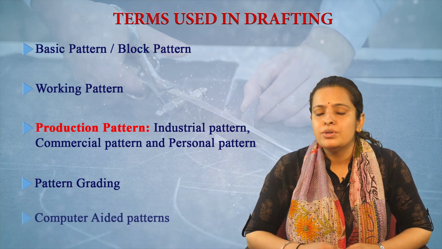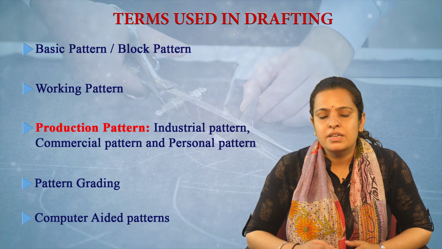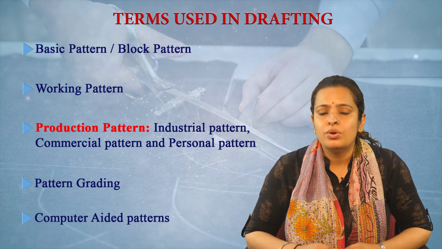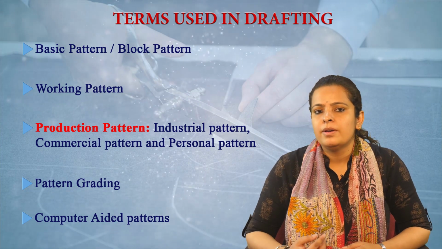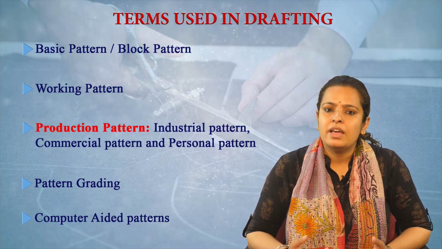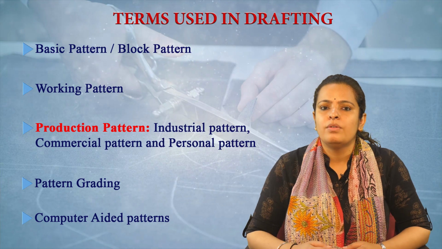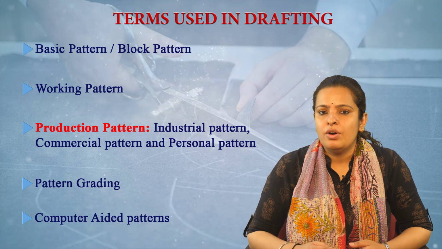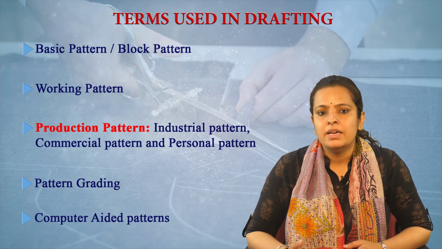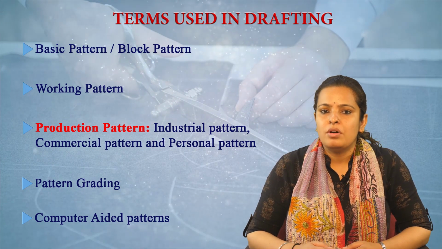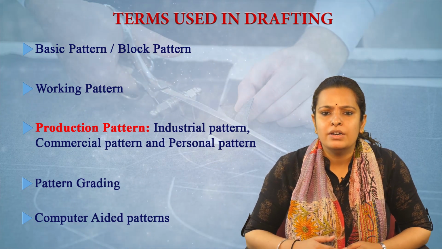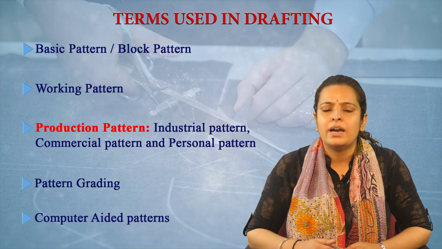Then we have computer aided patterns. At present, lots of designers don't go for pen and paper pattern making. There are lots of software packages which make our work easy. With these computer aided softwares they develop patterns, and it reduces the time for creating a pattern.